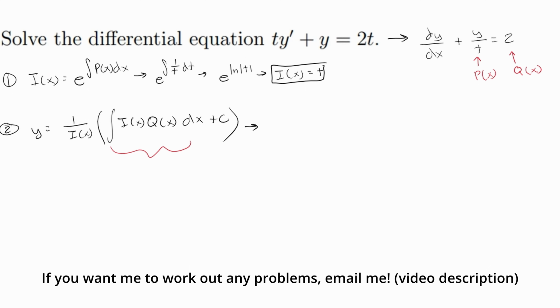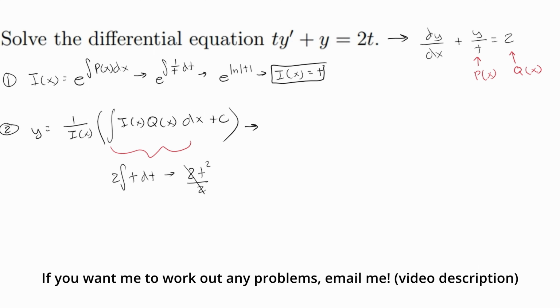We are going to have the integral of our t, and our q of x is going to just be 2. So since it's a constant, we can actually put it out front, and then we have dt like this. From here, integrating this, we'll have 2t squared over 2. So really, we're just going to have a t squared in here.